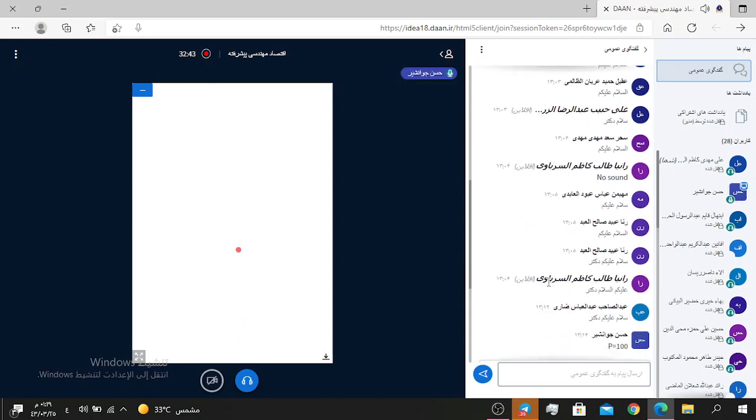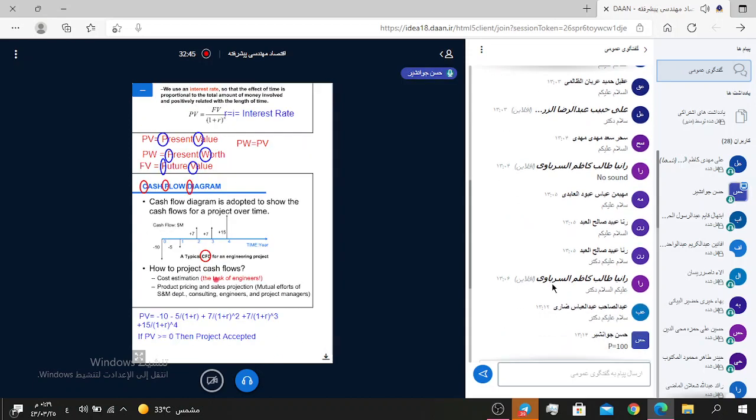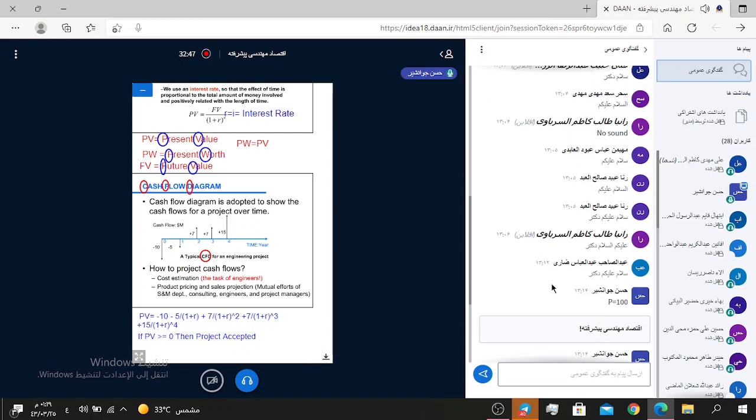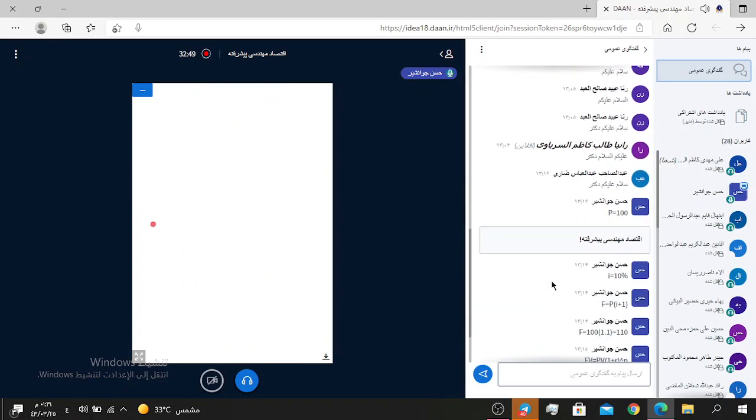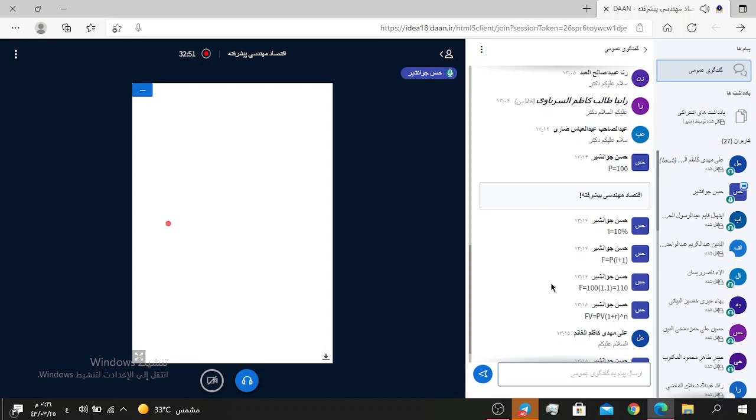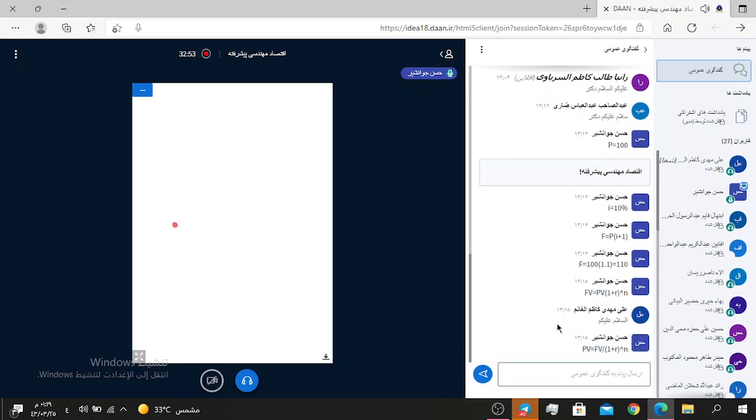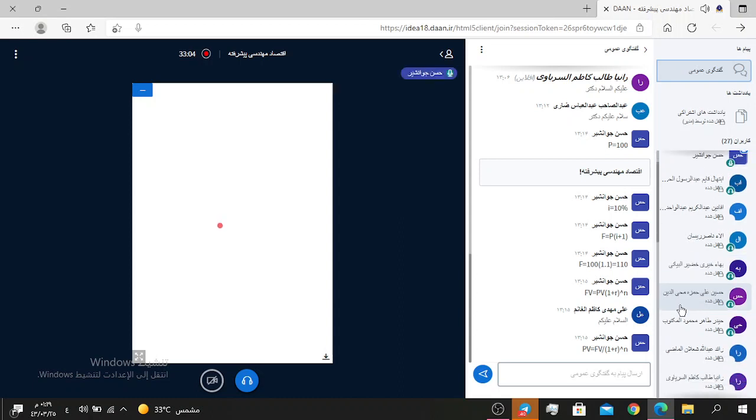For a typical CFD for an engineering project, NPV equal to sigma Cn (1 plus I or R) at minus n.